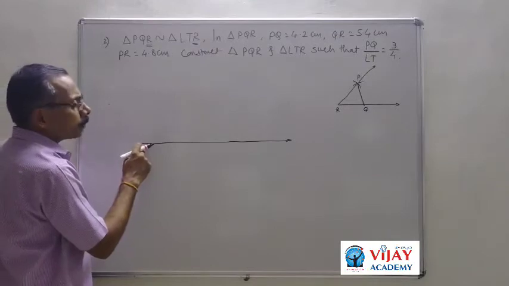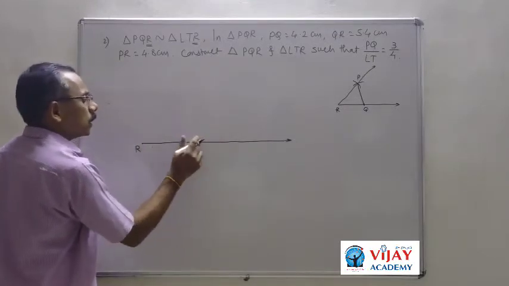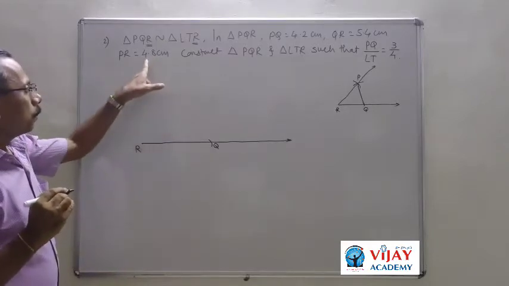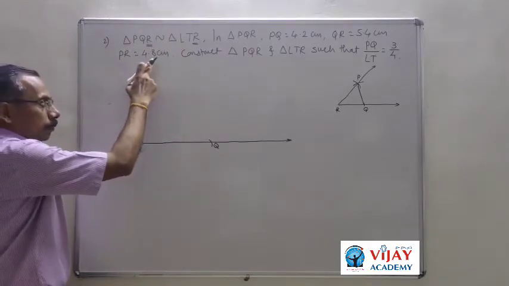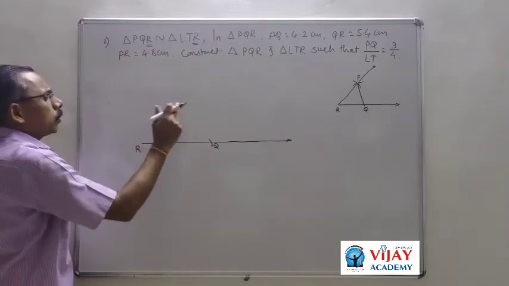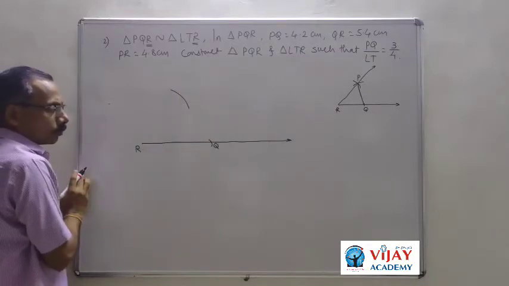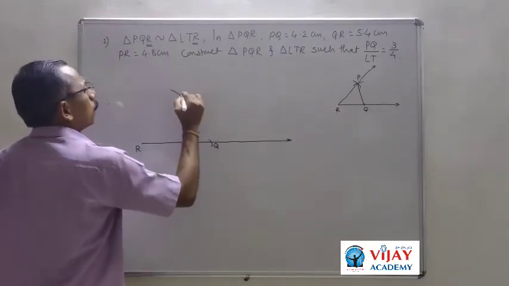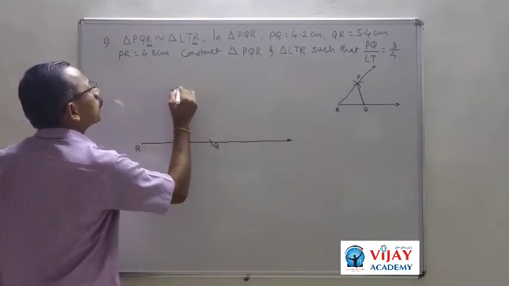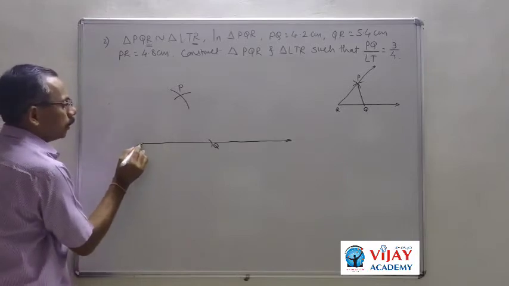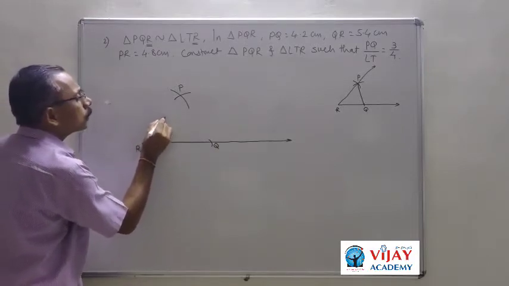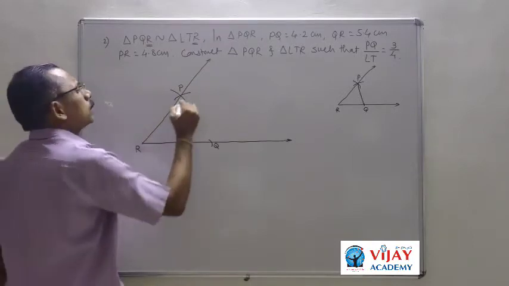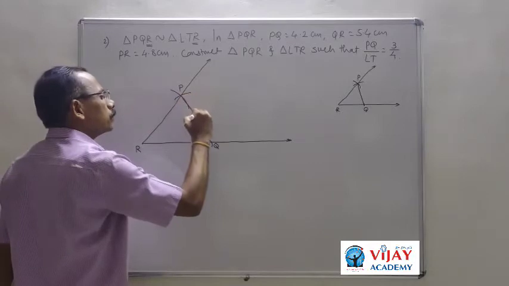Take 5.4 centimeter in a compass and draw the arc from R this way, and we get this point Q. Then taking PR 4.8 centimeter in a compass, draw the arc from R. Then for PQ of 4.2 centimeter, draw the arc of 4.2 centimeter from Q, and the point of intersection is point P. Then join PR, then join PQ.